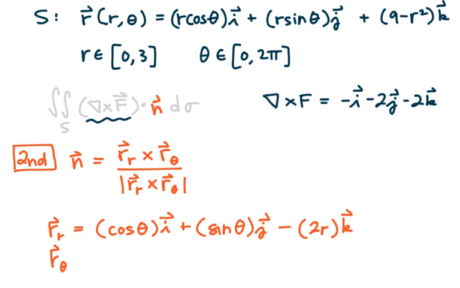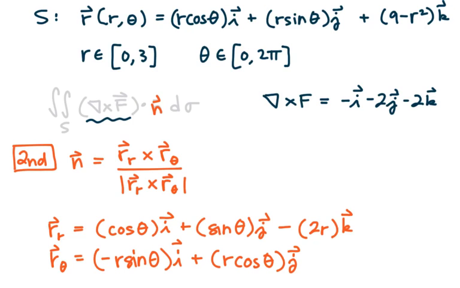And our partial theta, that's going to be negative r sine theta i plus r cosine theta j, and we will have 0 k values there.